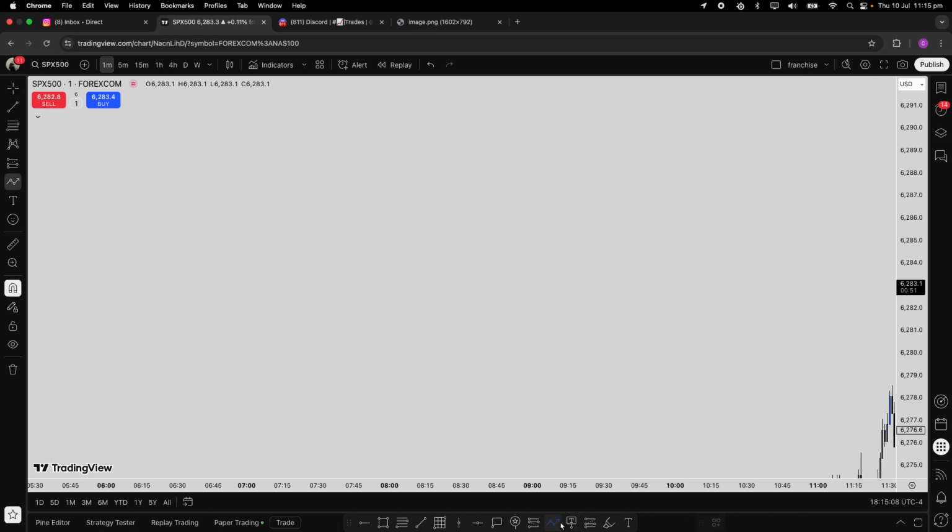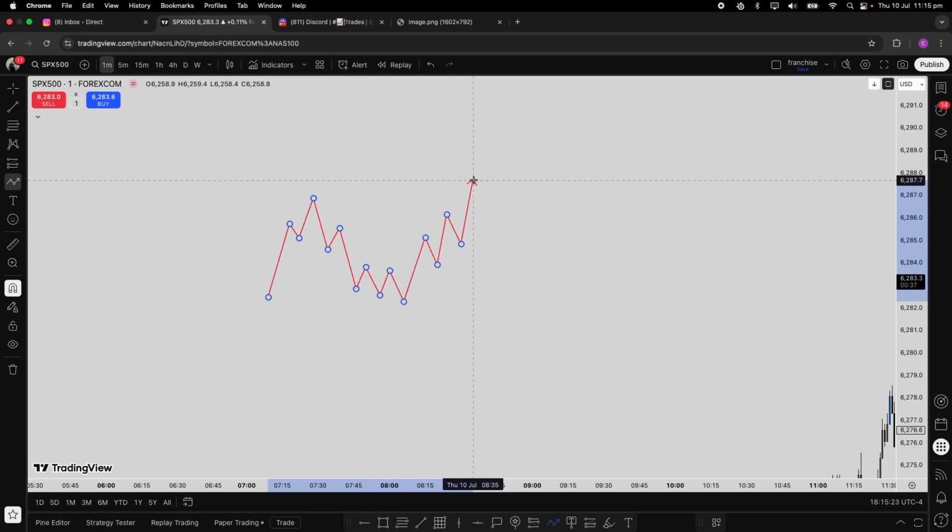Simple framework. Okay, let's try to draw this nicely. High been taken.